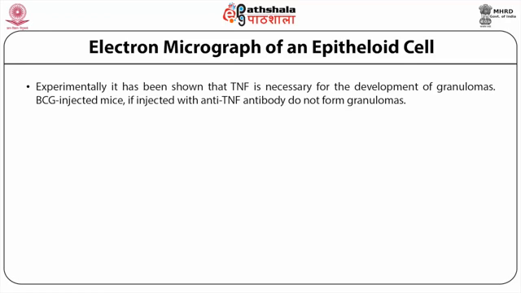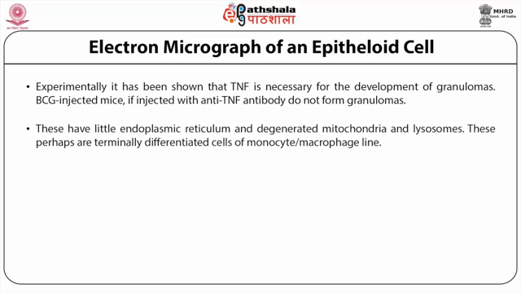Giant cells are multinucleate cells, which are sometimes called Langerhans giant cells. These have little endoplasmic reticulum and degenerated mitochondria and lysosomes. These perhaps are terminally differentiated cells of monocyte macrophage line.